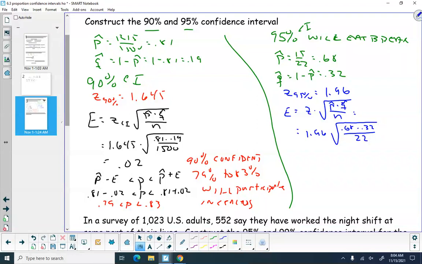Calculate your error. Then you have your p hat minus your error, and p hat plus your error.